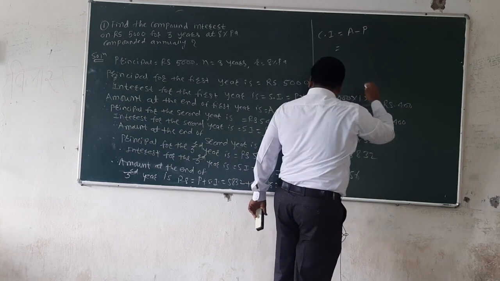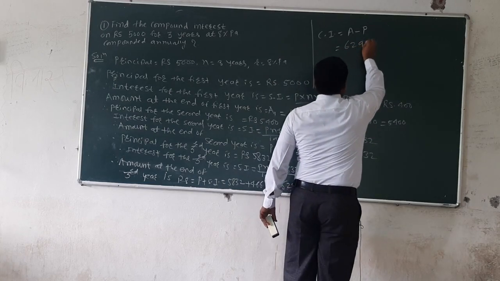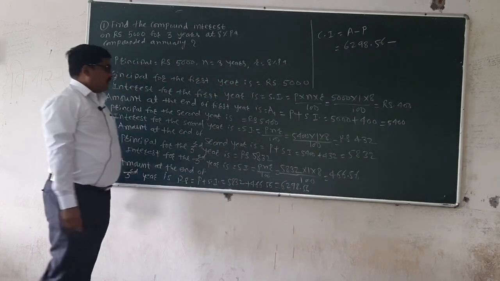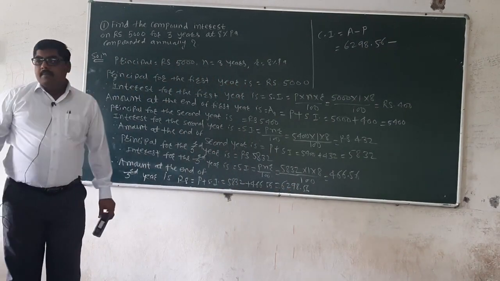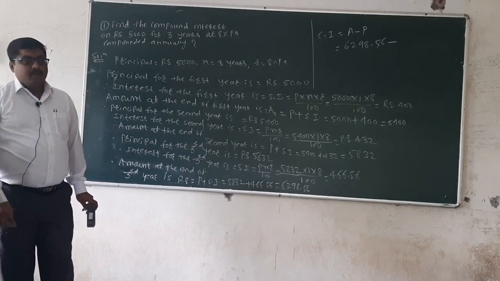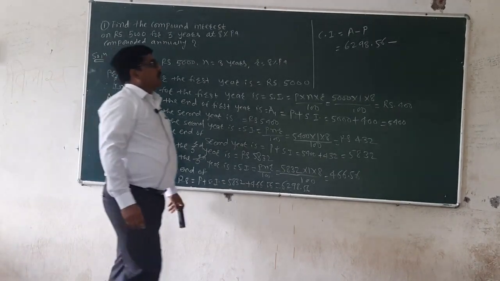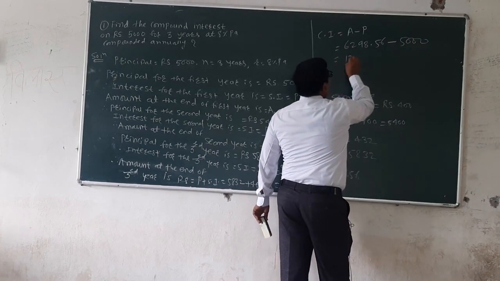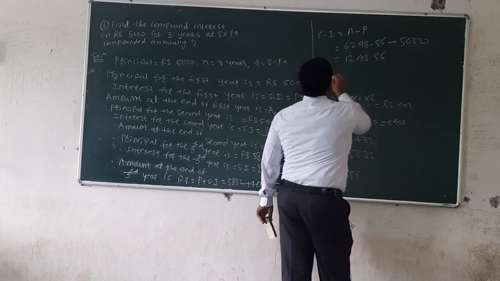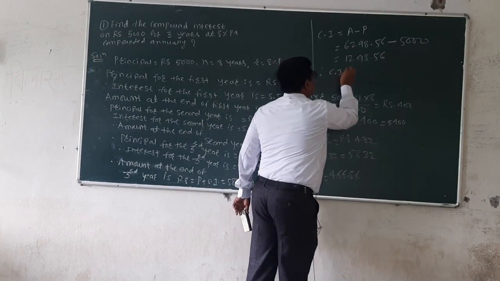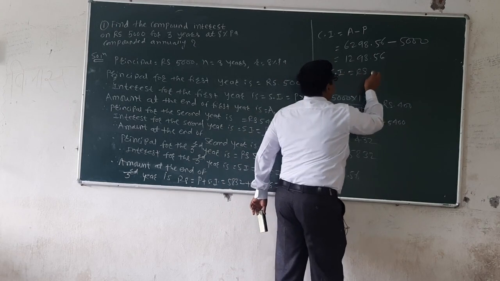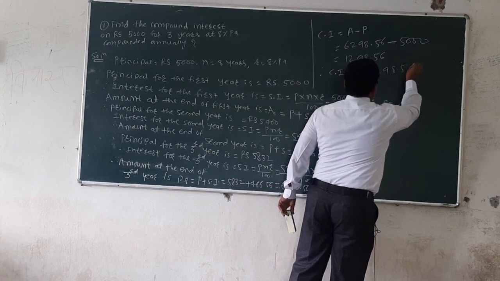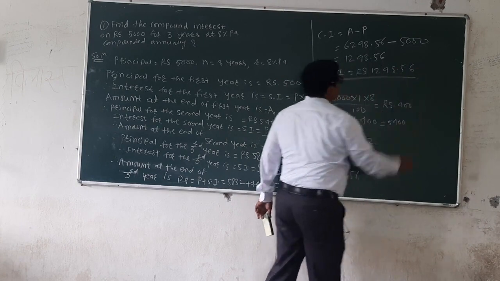So amount is 6298.56 minus principal, which is 5000. So this is equal to 1298.56. Therefore, compound interest equal to rupees 1298.56. So this is your answer.